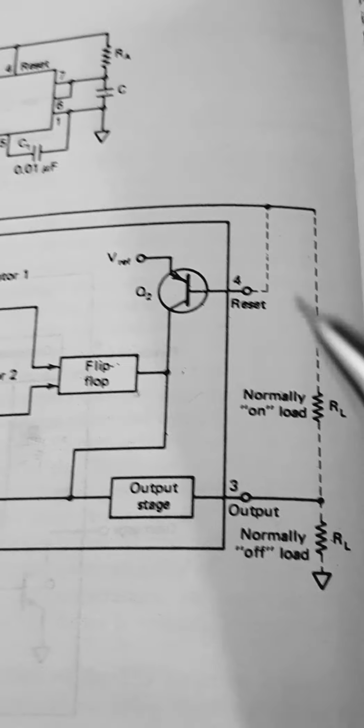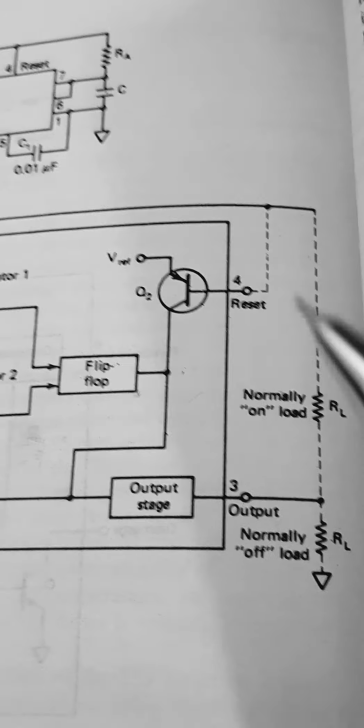For that you have to apply a negative pulse here. When you apply the negative pulse, the transistor becomes on, and the reference voltage will come here. That means high voltage, and if it is high, the output is low. Normally this is connected to VCC.